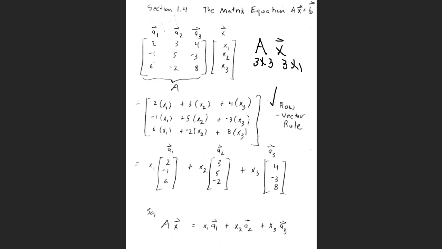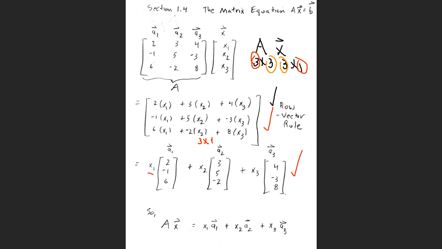And matrix multiplication is defined because the column number of matrix A matches the row number of the vector x. And the resulting matrix that you get is a 3 by 1, with 3 rows and 1 column.